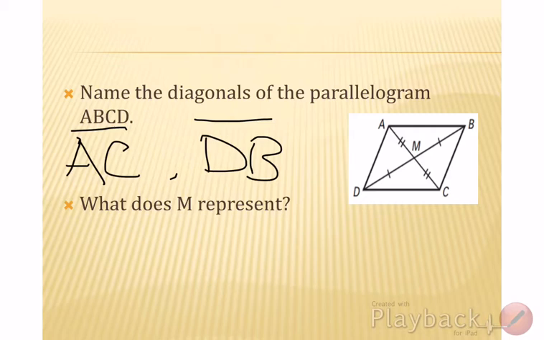What does M stand for? The midpoint. So it means that it bisects on this diagonal and it bisects on the other diagonal.